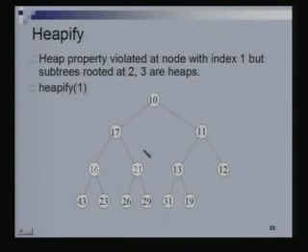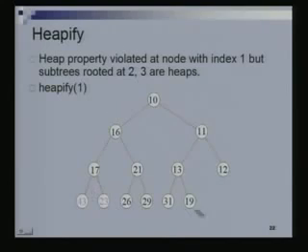So, once again we are going to do the same thing. We are going to look at the two children, take the smaller one amongst them which is 16 and swap it with this. So, the heap property is now valid at this node, but is the heap property valid at this node because we also changed the content of this node? It is, because now when I look at the two children of this, they are 23 and 43, both of which have priority higher than 17, and so the heap property is valid here.